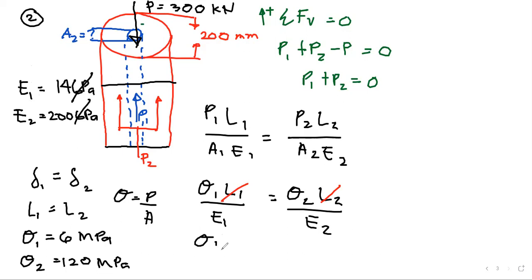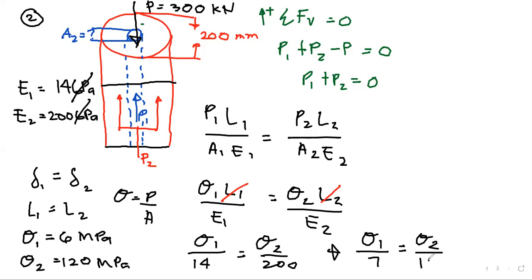Magiging stress 1 over 14 is equals to stress 2 over 200. Pero i-simplify natin to. So mangyayari sa equation natin ay magiging sigma 1 over 7 is equals to sigma 2 over 100. And next, dahil nagawa na natin yan, guys, cross-multiply na natin para hindi siya naka-fraction para maganda tignan.